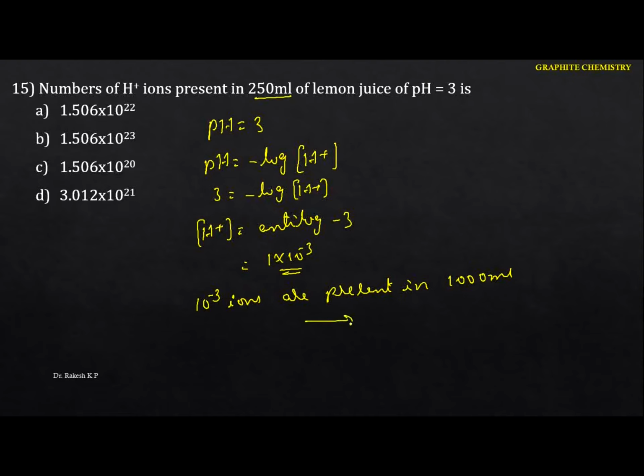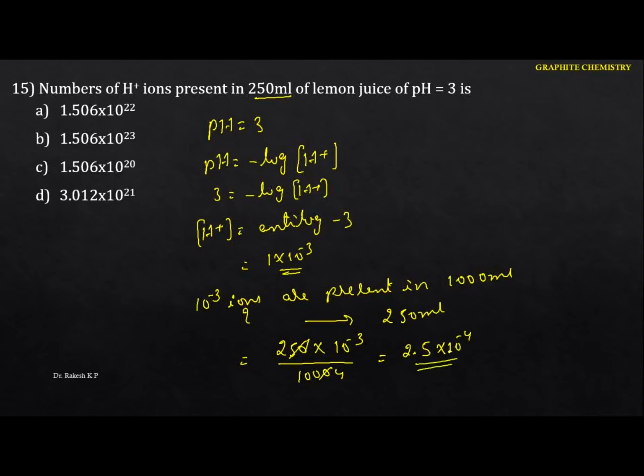If you do the cross multiplication, 250 into 10 to the power of minus 3 divided by 1000, we get 2.5 into 10 to the power of minus 4 ions.